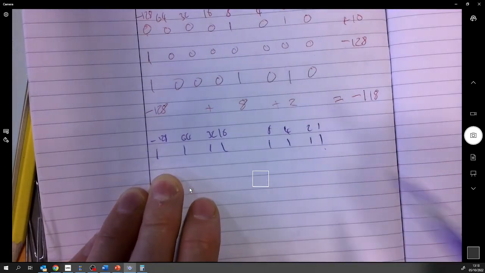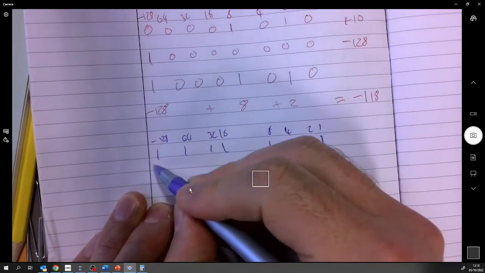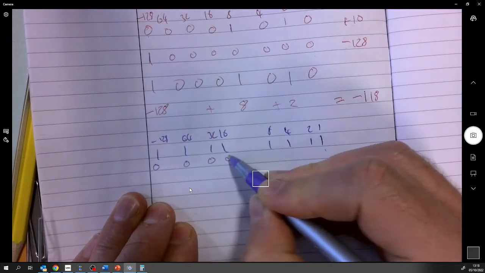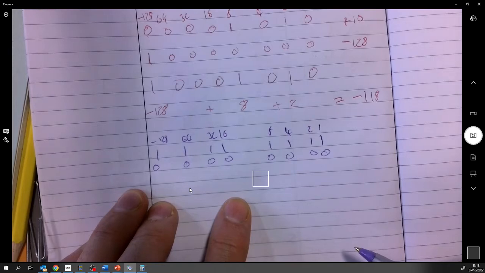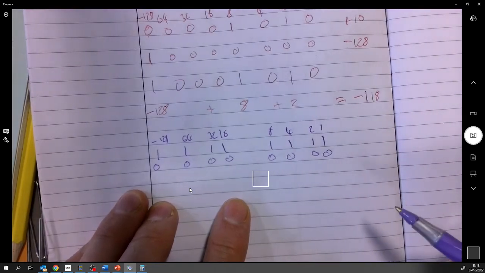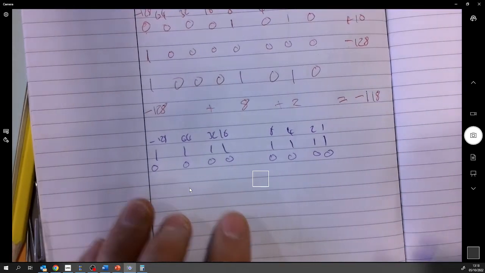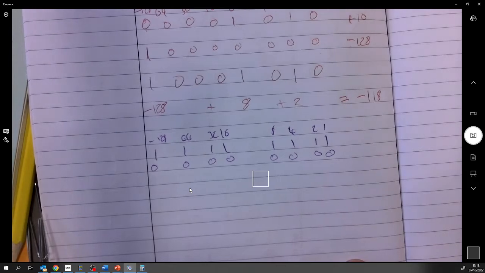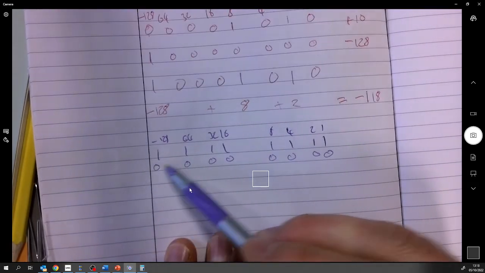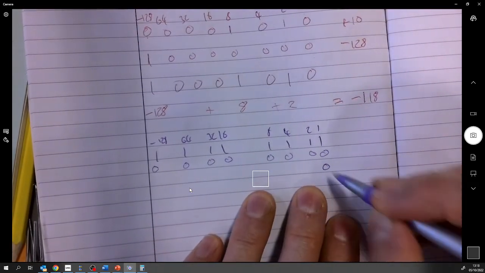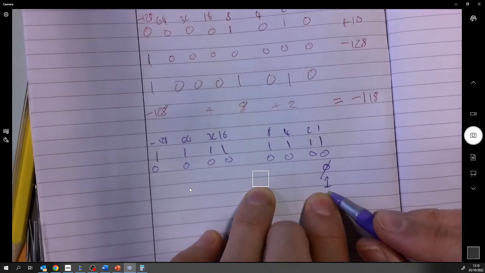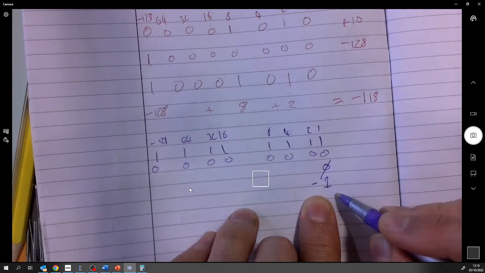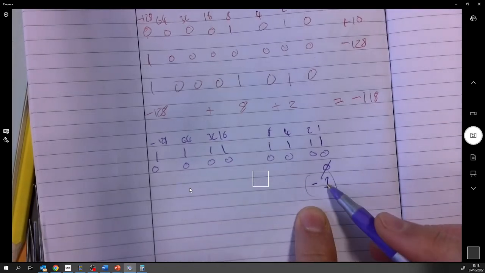All you can do is invert the bits, which means all of the 1s become 0s, and all of the 0s become 1s. You can then add 1 and make sure that the answer is negative, and it'll work. This is 0. Add 1 to that, we get 1. Make sure it's negative. We've just got the result really quickly.